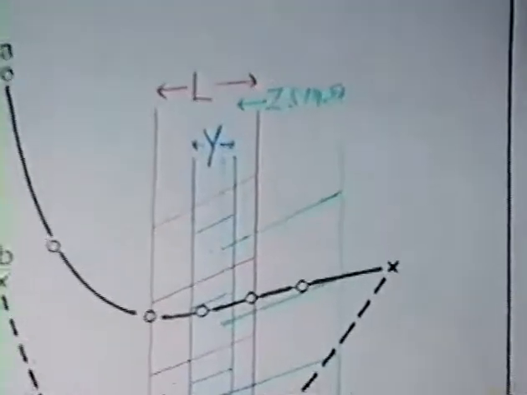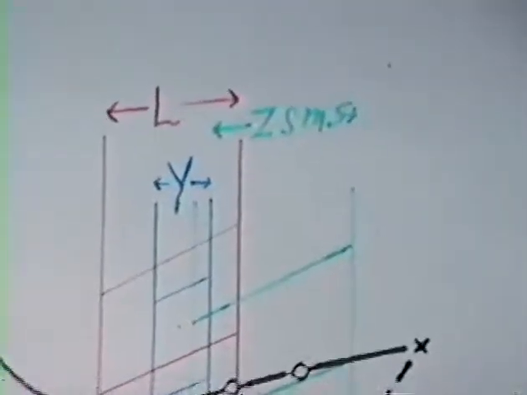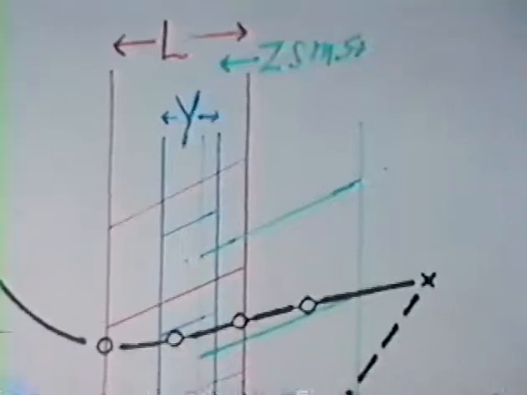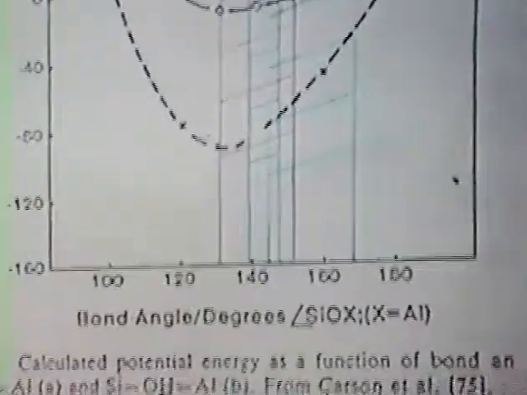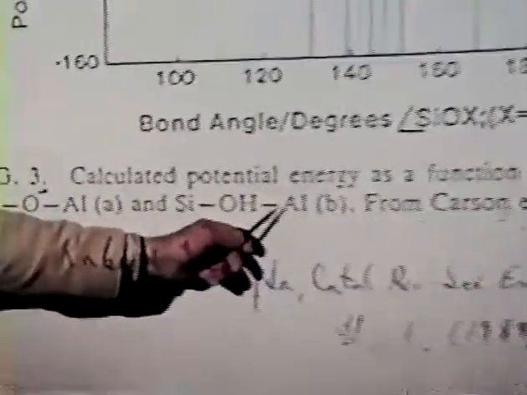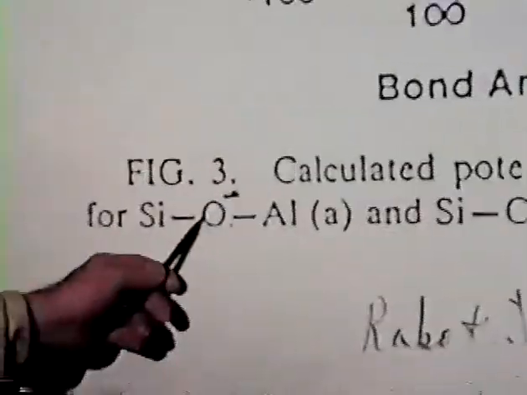And this is not evidence for this, but it's an interpretation taken from a recent review article of Jules Bravo, where what is being looked at is the calculated potential energy between the protonated form of the SiO-Al and the deprotonated form.